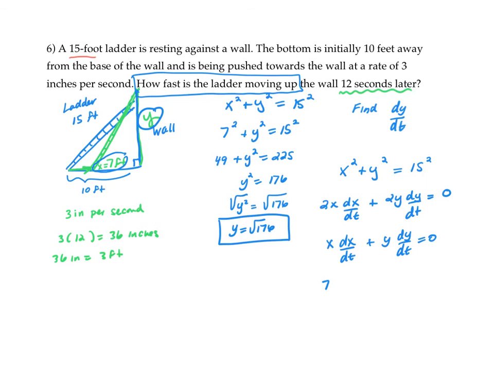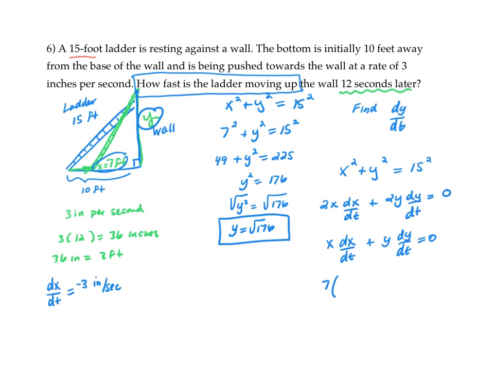All right, we know the rate of change of the ladder, and here's where it's a little funky, okay? So dx/dt is equal to 3 inches per second, but it's going to be negative because the distance is shrinking, okay?